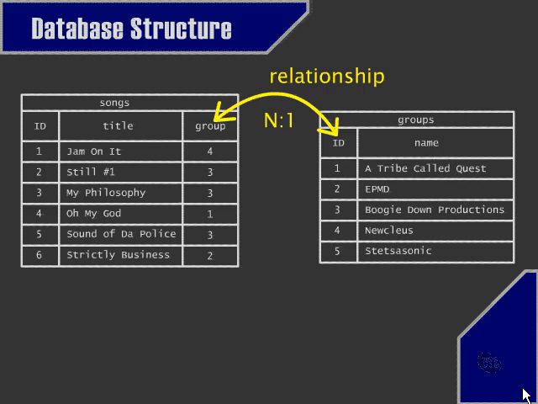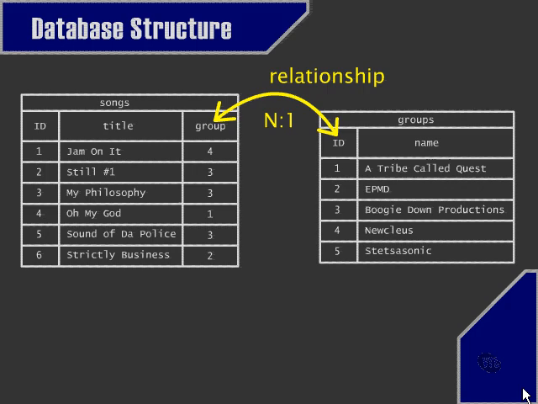But n to 1 or 1 to n, n meaning an indefinite number, and 1 meaning only one entry. So in this case, each one group may produce many songs, but songs are only written by one group.